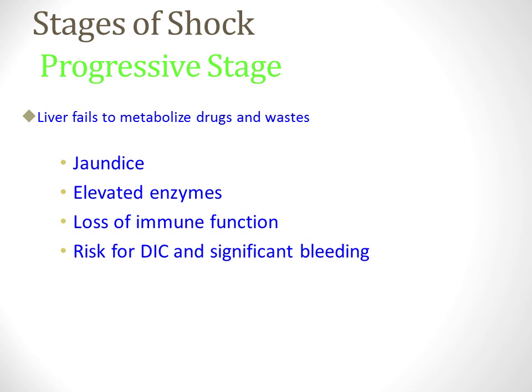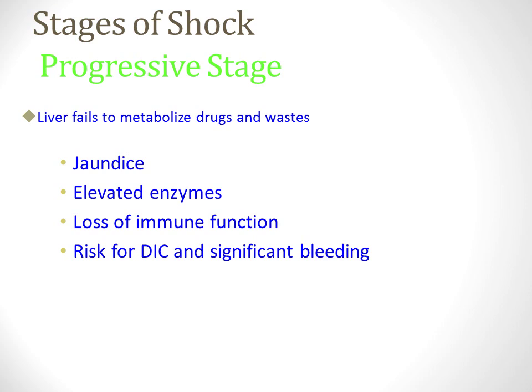When we talk about the liver, we talk about a decrease in blood flow to the liver that impairs the liver's ability to perform its metabolic functions as well as its phagocytic functions, because the liver pulls out a lot of germs.